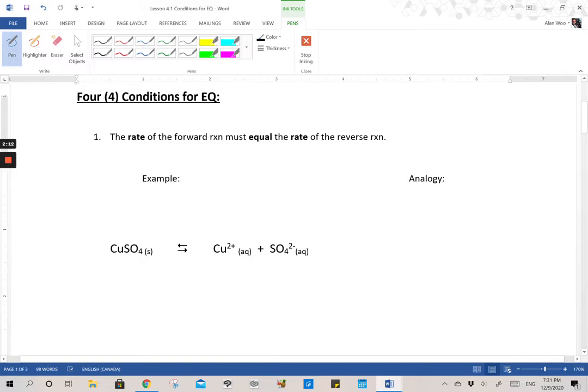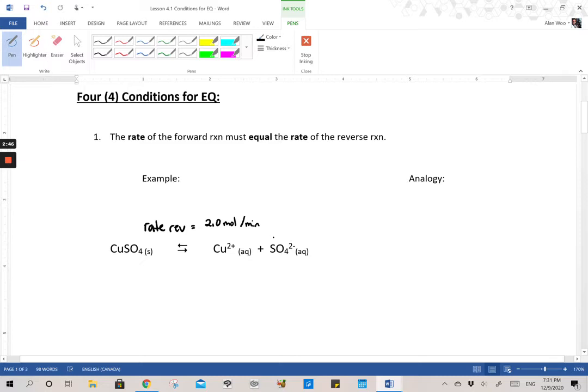So just to be consistent with the arrows, if we're talking about equilibrium, then the rate of the reverse, let's say it equals, I don't know, let's say 2.0 moles per minute. Meaning that we're creating CuSO4 at 2.0 moles per minute.